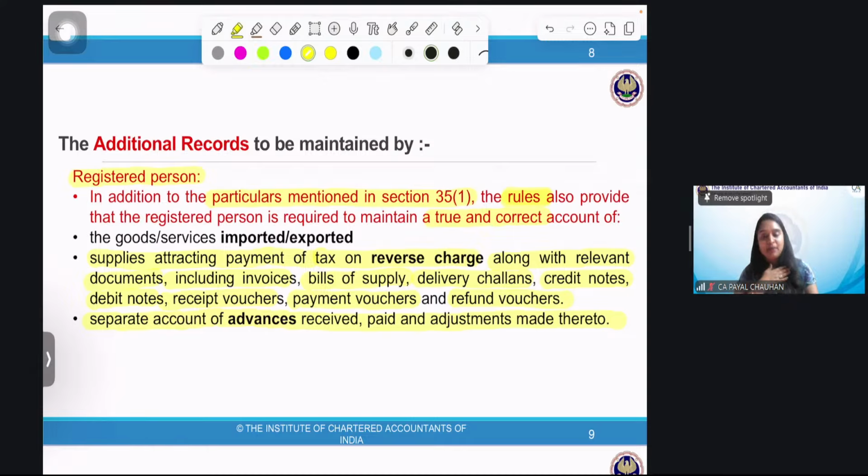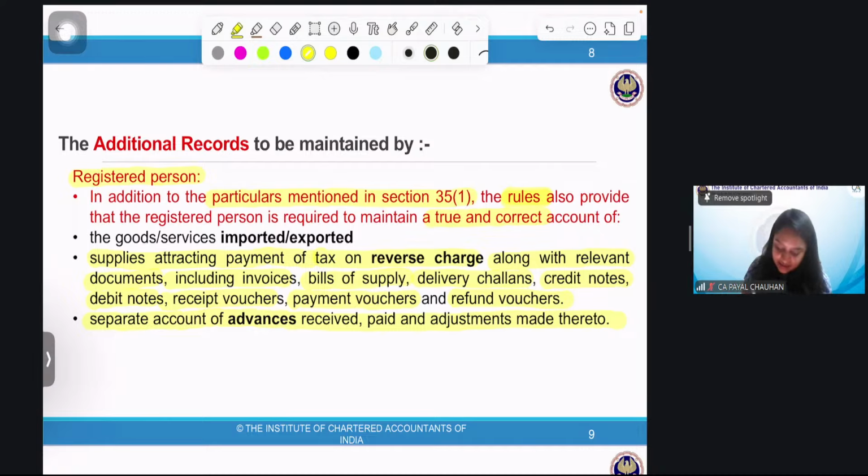I am registered, but my supplier is not registered. What will I issue? You can just write the initials also. I am paying tax under reverse charge mechanism. What will I issue? Very good, Ashlesha.